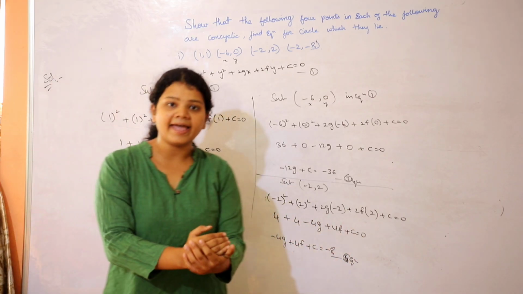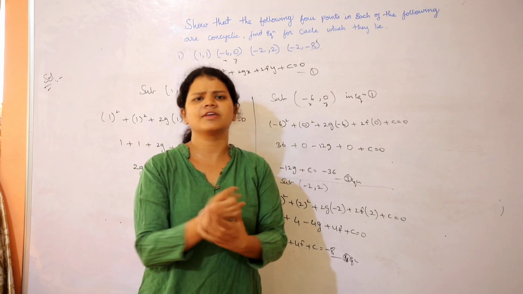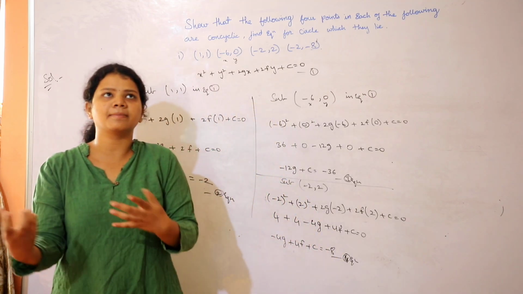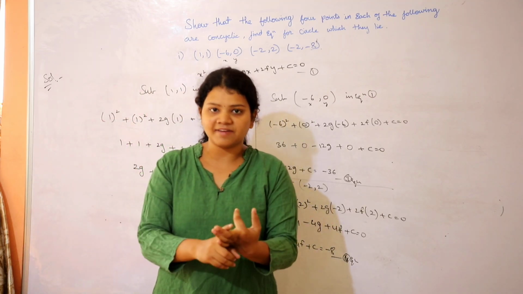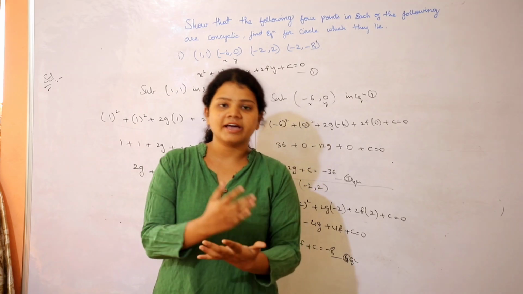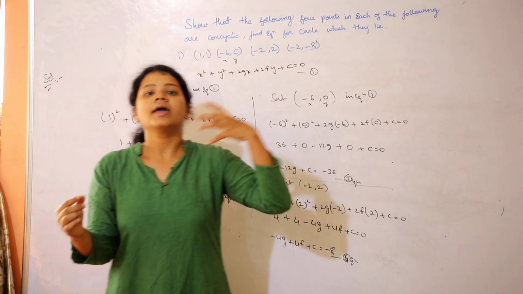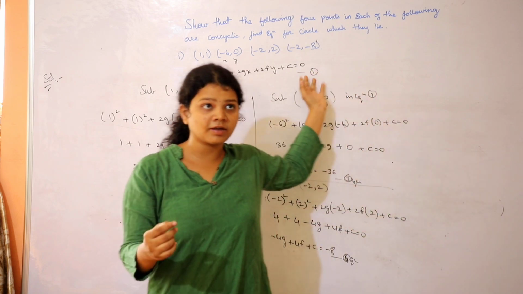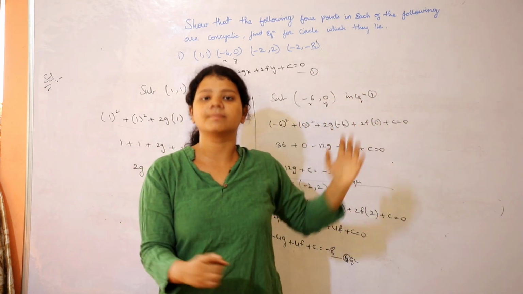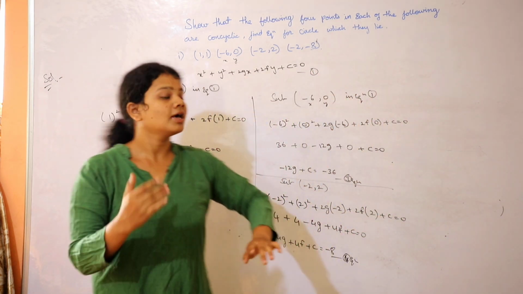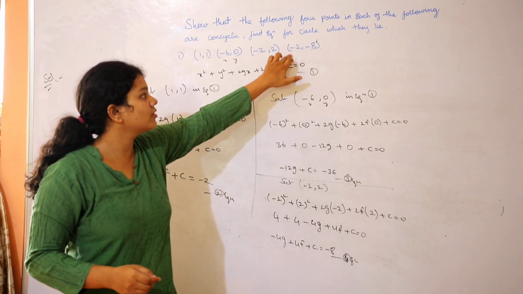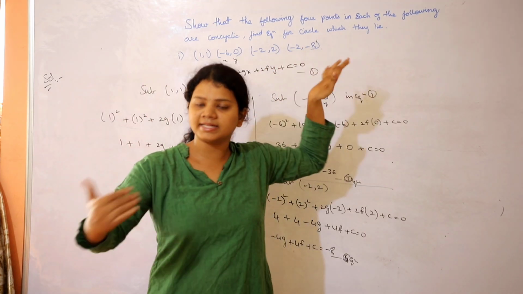And then finding the equation of circle is nothing but finding the g, f and c values. So we will be finding g, f and c values, and substitute those in the general equation of the circle, which is the first equation. And then you go with the fourth point, minus 2 comma minus 8.